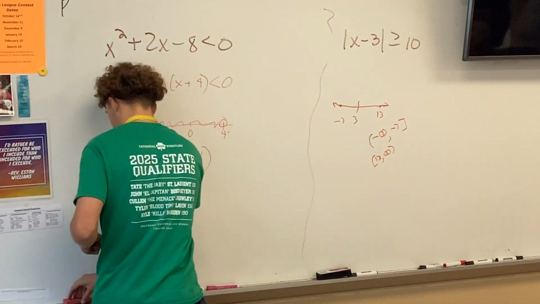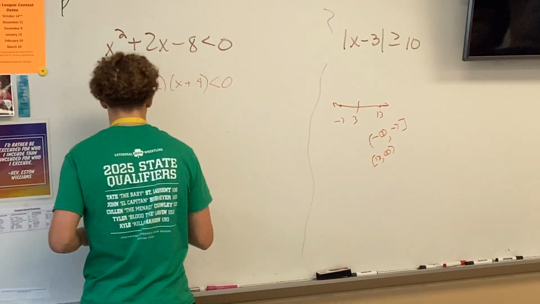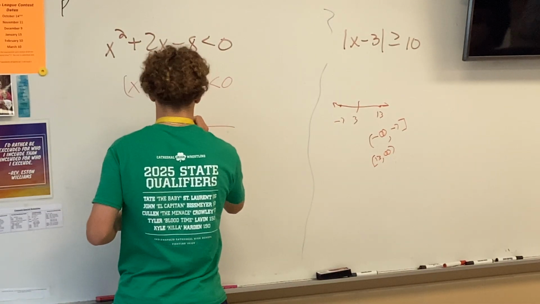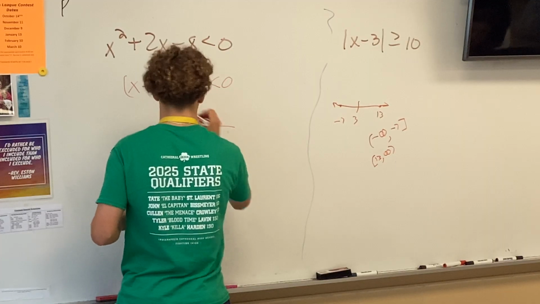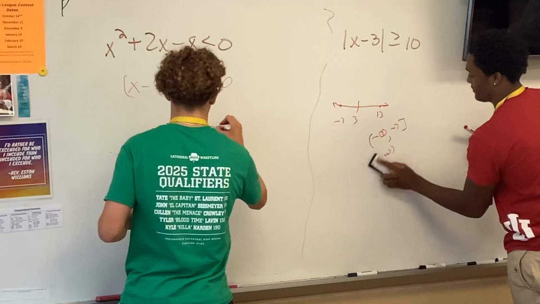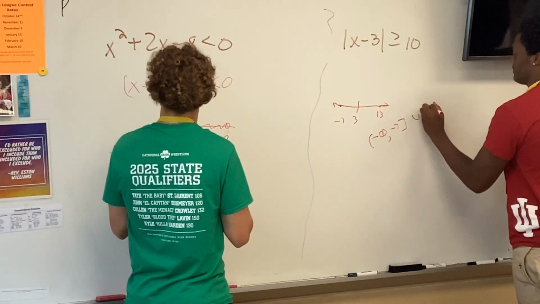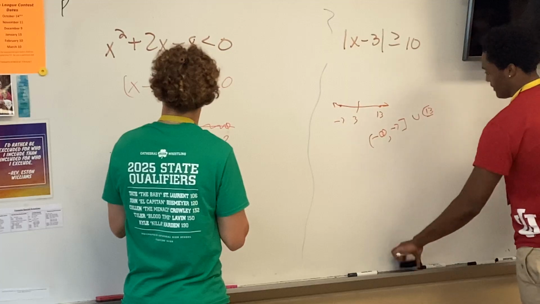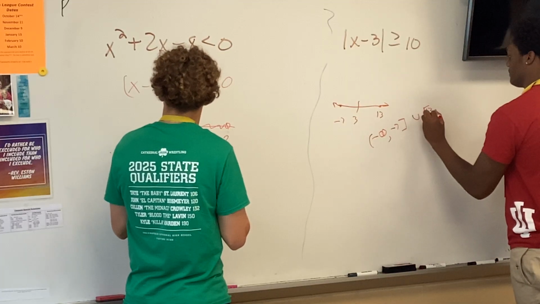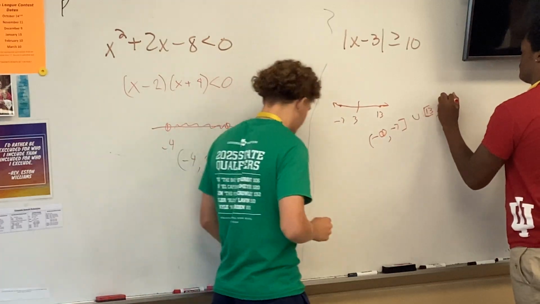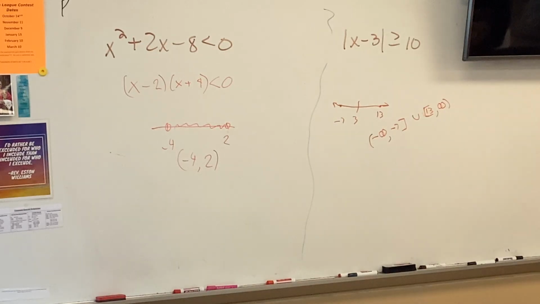So your dots need to be at negative 4 and positive 2. Any question about either one of those?